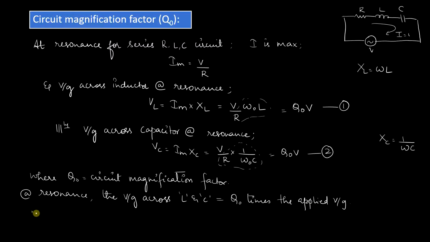And since the quality factor is greater than 1, or I can say Q naught will be greater than 1, this voltage across the inductor and the capacitor is magnified by Q times the applied voltage.